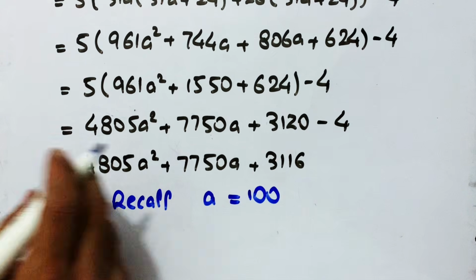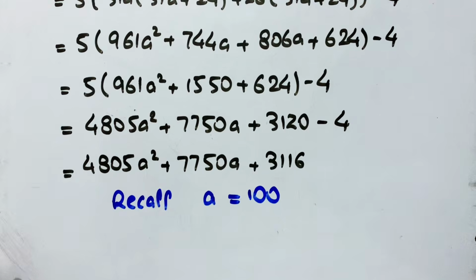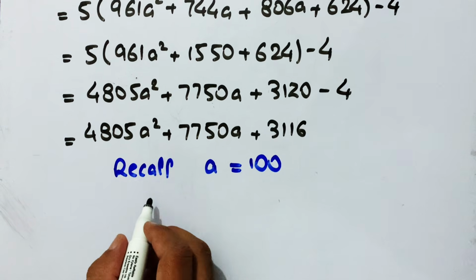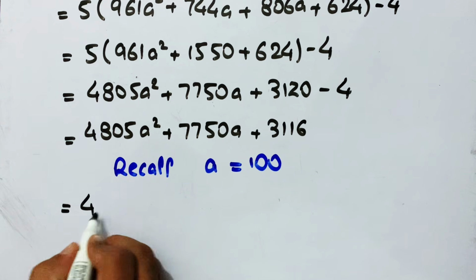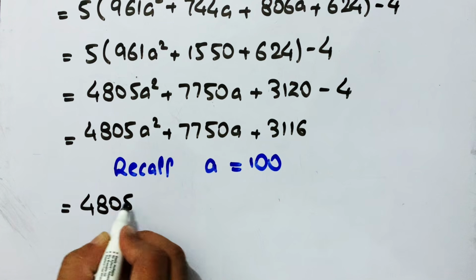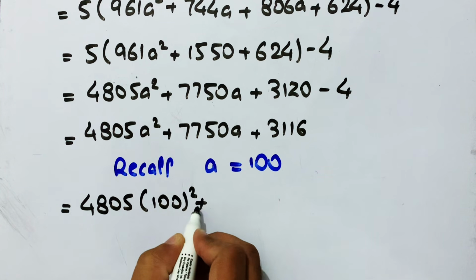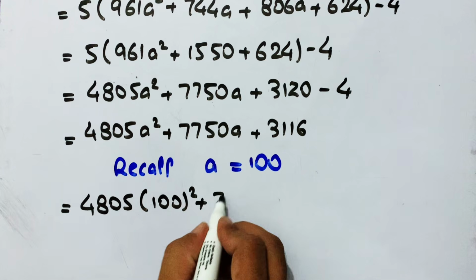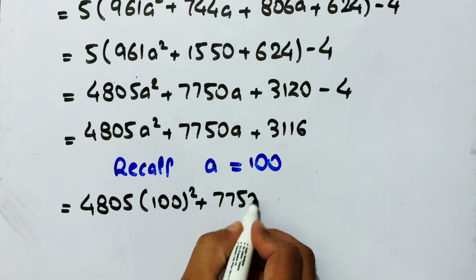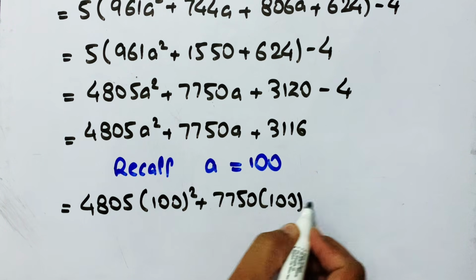So putting the value of a, the equation will be 4805 into 100 squared plus 7750 into 100 plus 3116.